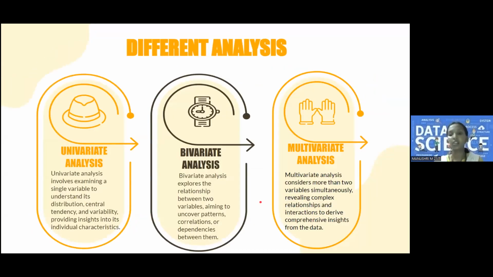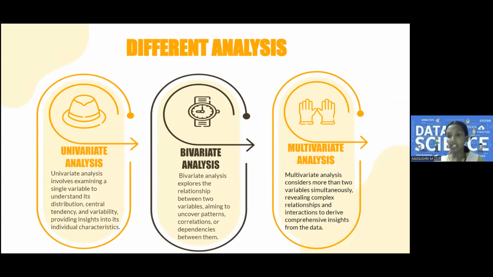After the data cleaning process, now I'll be doing the analysis. There are actually 3 basic analyses which we'll be doing. That is the univariate analysis, bivariate analysis, and followed by the multivariate analysis. Now univariate analysis. As the name says, it deals with a single variable.